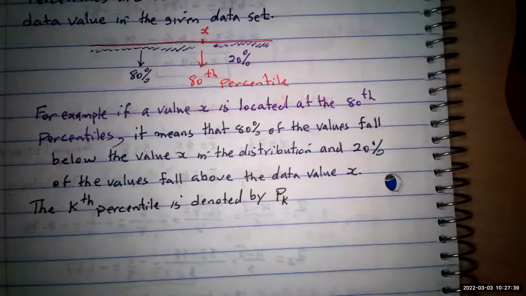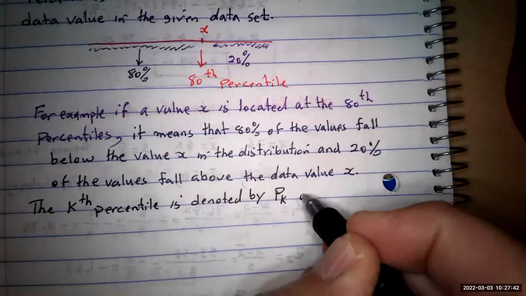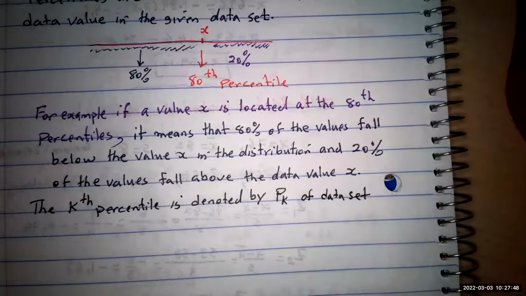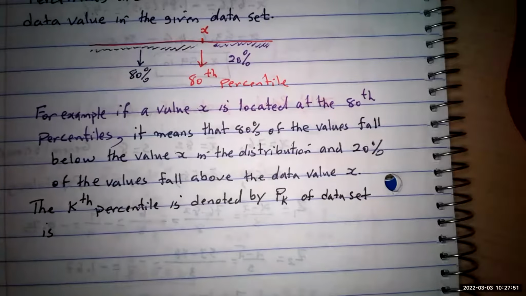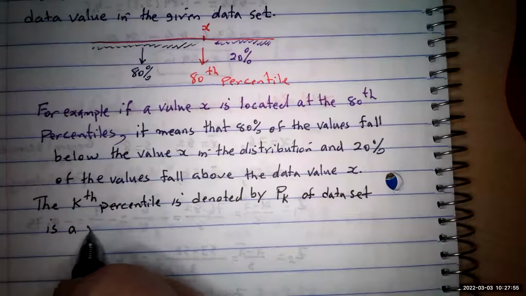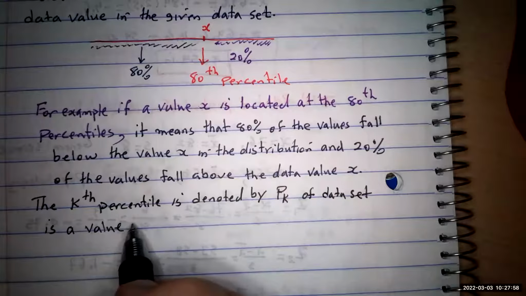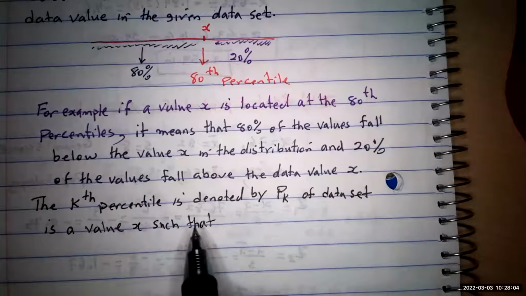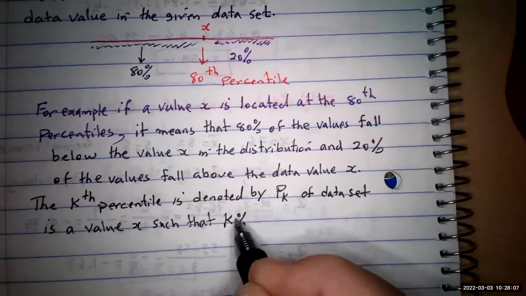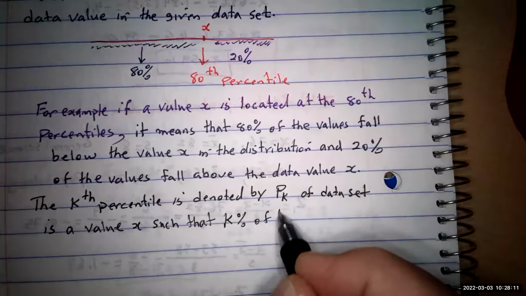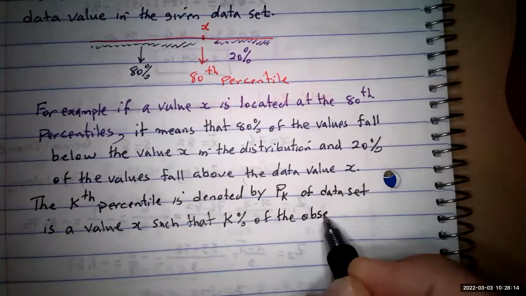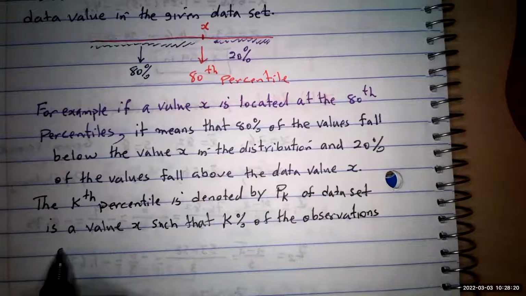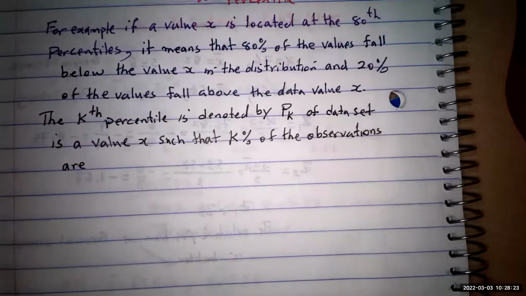So the kth percentile, denoted by Pk, of a data set is a value x such that, again, k% of the observations are going to be less than x.